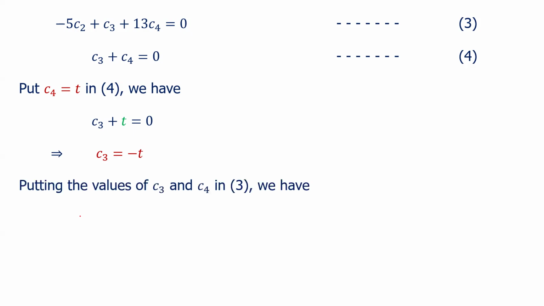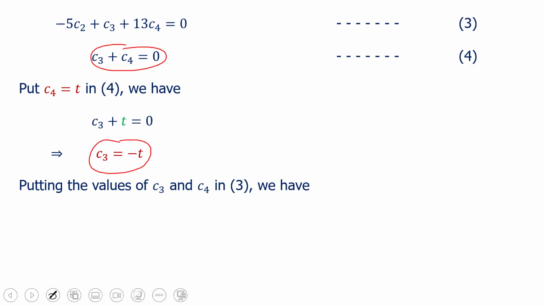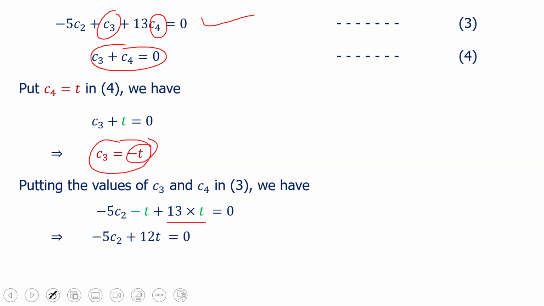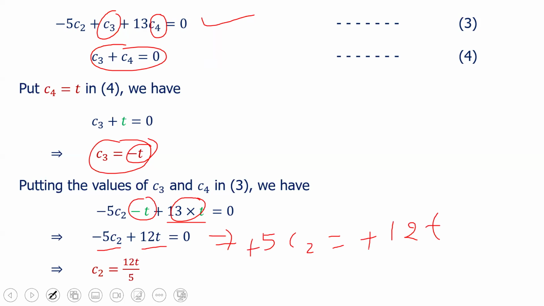Putting the values of C3 and C4 in equation number 3, we have -5C2 minus T, because C3 is -T, and C4 is equal to T, plus 13T equal to 0, which implies -5C2 plus 12T equal to 0. If we transpose this, it will become 5C2 is equal to 12T.